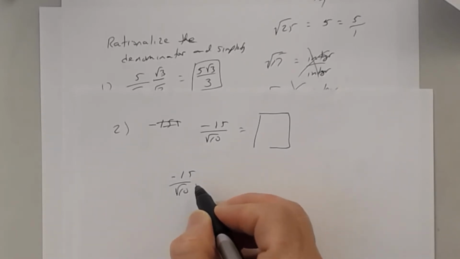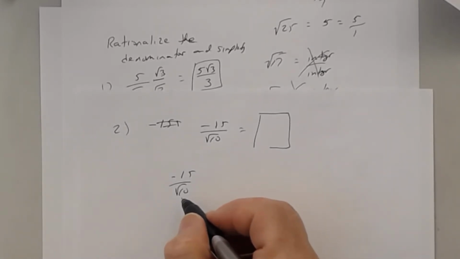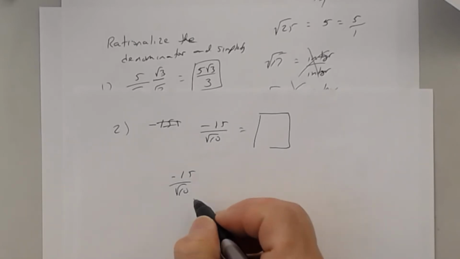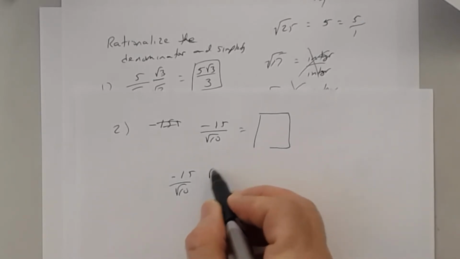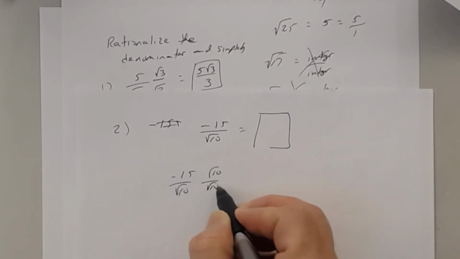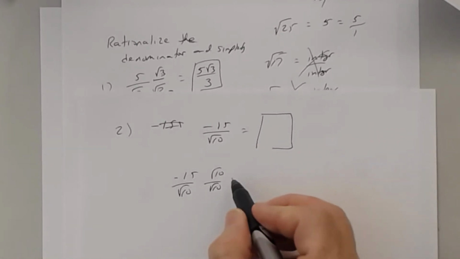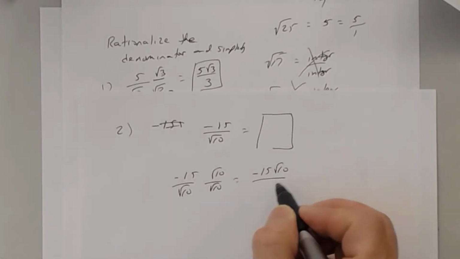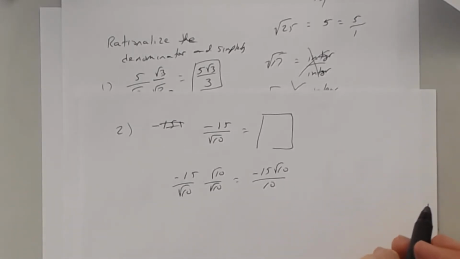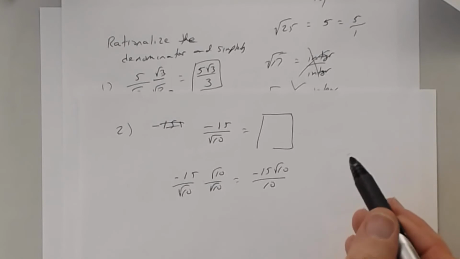What do I need to multiply? Now remember, there's one term in the denominator. So what do I need to multiply both numerator and denominator by to get a rational denominator? Square root of 10. And so when I do that, and I write it as one fraction, I get negative 15 square root of 10 divided by what? 10. Square root of 10 times the square root of 10 is 10.